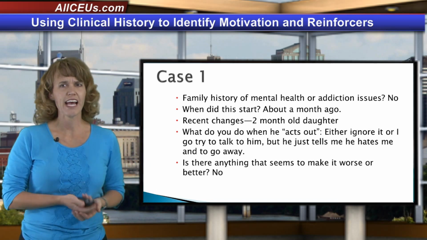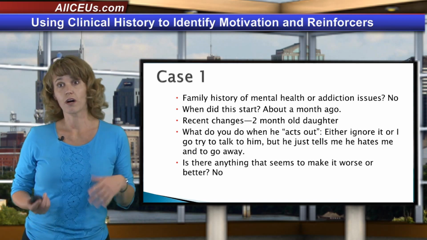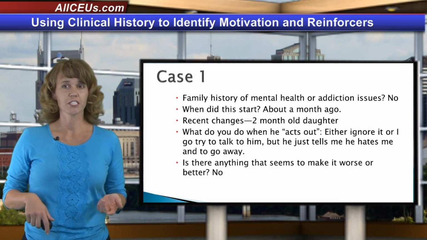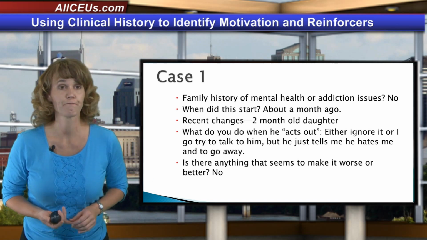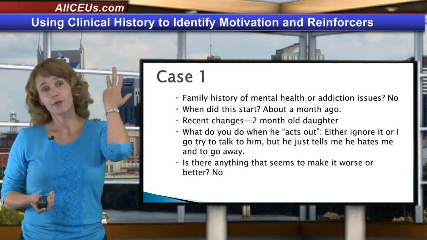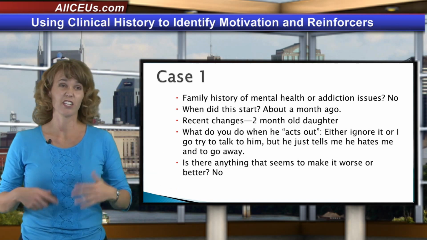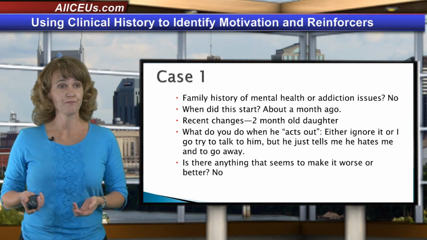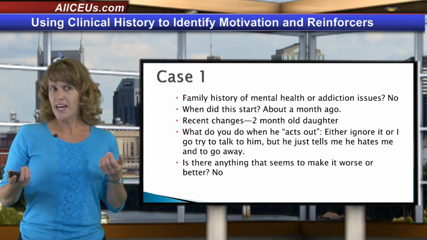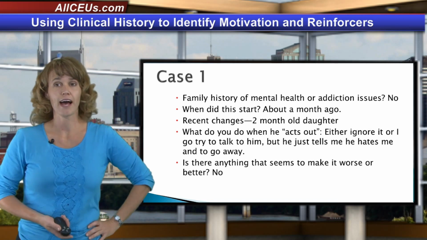So what do you do when he acts out? And mom says, I either ignore it or I go try to talk to him, but he just tells me he hates me and to go away. So let's look at it. If you ignore it, well, one would say eventually it'll be too much trouble for him to act out, but ignoring it may still not be meeting whatever that need is because that behavior keeps coming back.